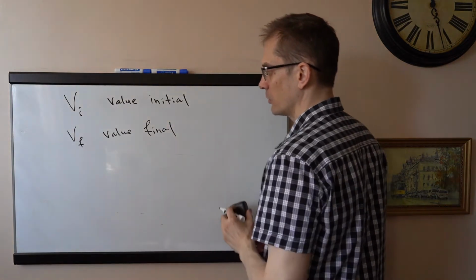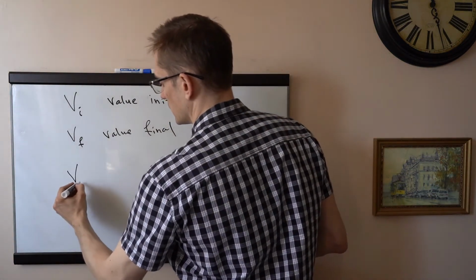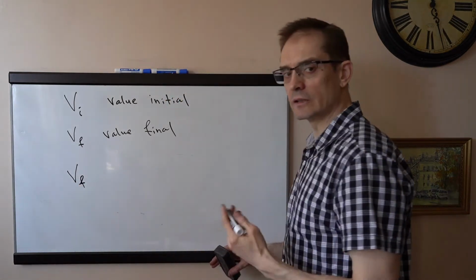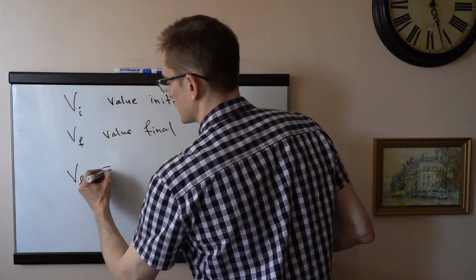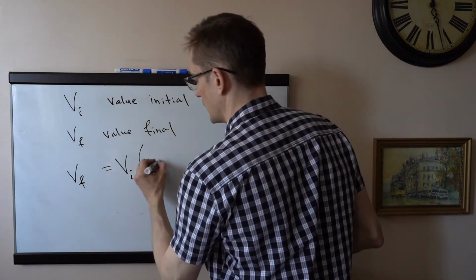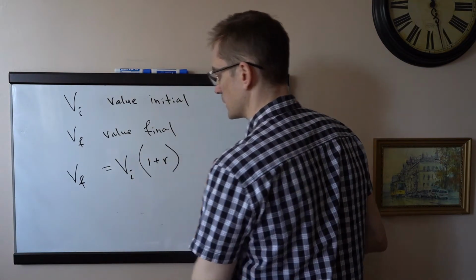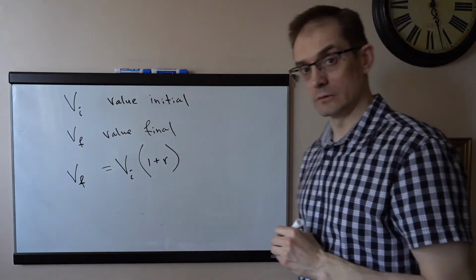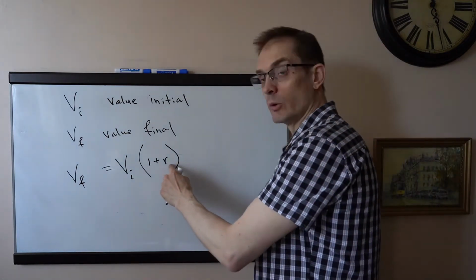So now, how do you get the final value? You take your initial value and increase it by some percent R, and that's a rate per 1, of course.